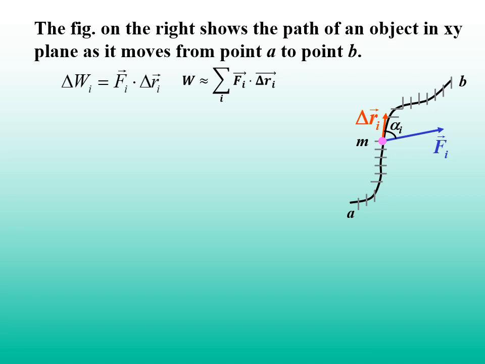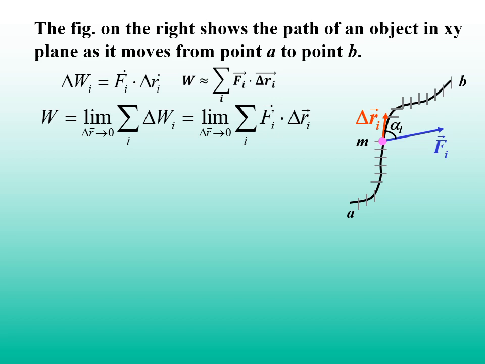So, for the ith interval, the force does work delta Wi approximately equal to Fi dot product with delta Ri. The total work done in moving the particle the total distance from A to B is a sum of all these small work elements. W is about equal to sigma of Fi dot product with delta Ri.